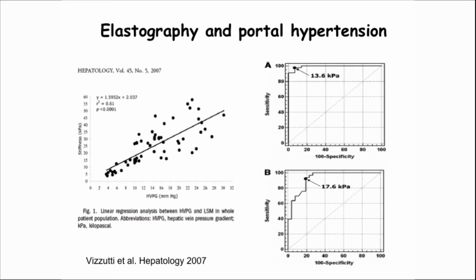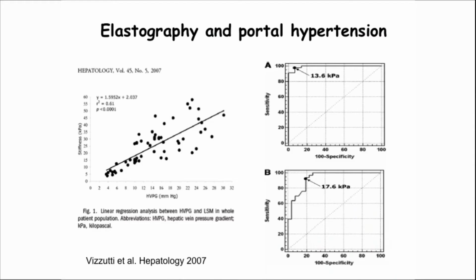And there's some very nice data, again, this is old now, to suggest that the higher your reading, the more likely you are to have raised HVPGs. And in fact, there is a nice relationship, almost a straight line relationship between HVPGs and your Fibroscan or your liver stiffness.